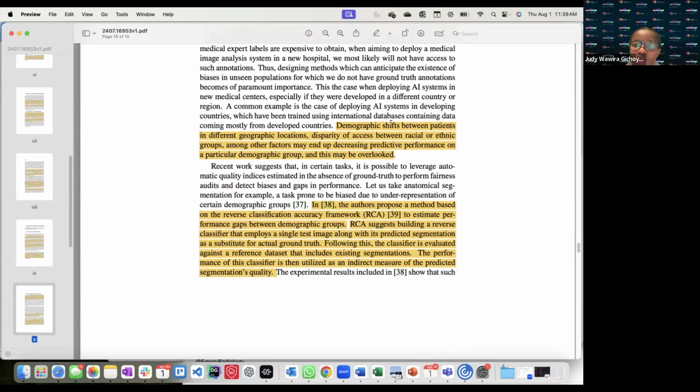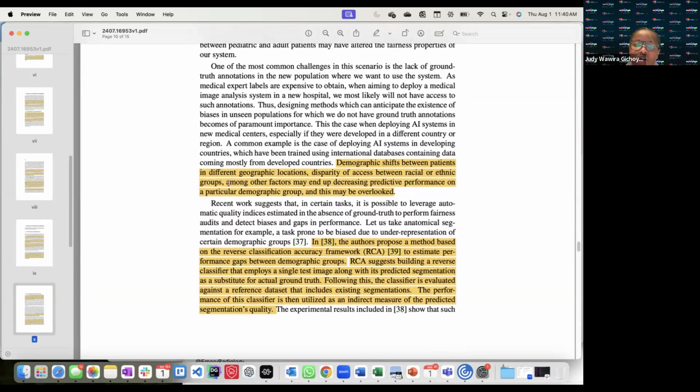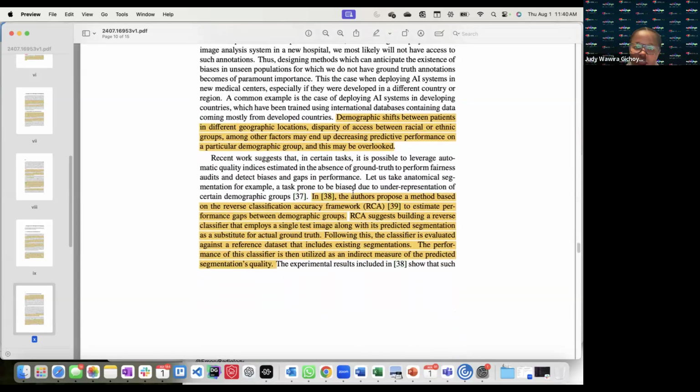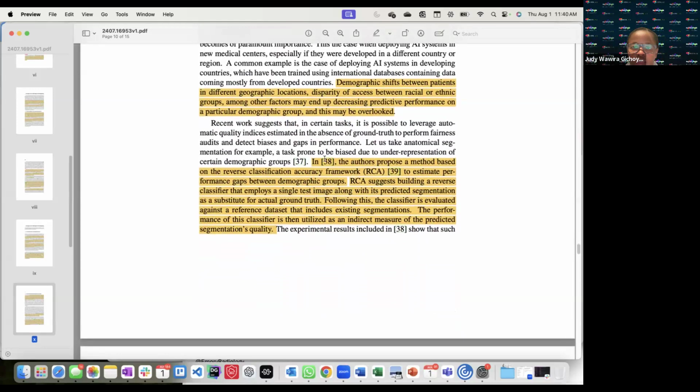And so we know that there are demographic shifts across locations, across different race groups and other demographic factors. This may end up decreasing predictive performance on a particular demographic group, and this may be overlooked. In this paper 38, which unfortunately I haven't had enough time to read, there's a reverse classification accuracy framework. This was the first time I'd seen this, used to estimate performance gaps between demographic groups.